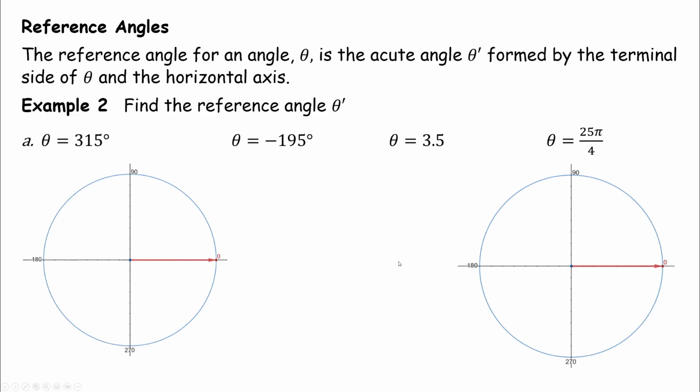Okay, so I talked about reference angles. The reference angle for an angle theta is the acute angle, which we call theta prime, formed by the terminal side of theta and the horizontal axis. So if theta is 315, we start at 0 degrees and rotate counterclockwise, 90, 180, 270, and keep going to 315.